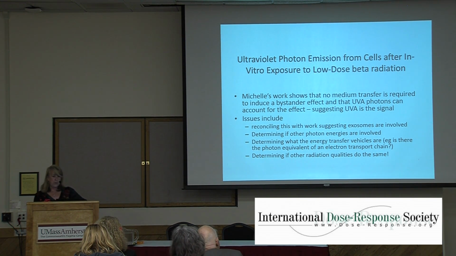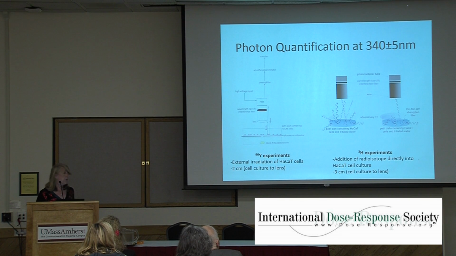Like is there the photon equivalent of an electron transport chain where you get absorption of photons and then emission of lower energy photons, what's going on at the biochemical level? And then determining whether other radiation qualities do the same, because we've only looked at tritium and yttrium-90, which are both beta emitters.